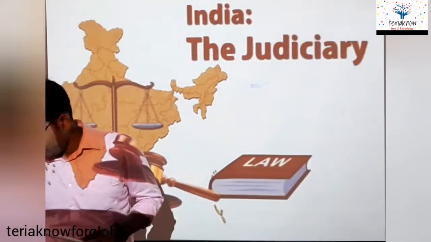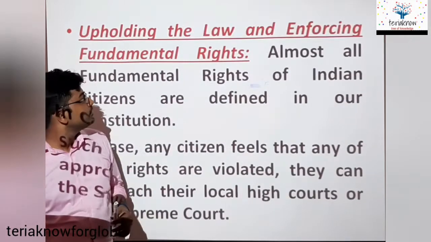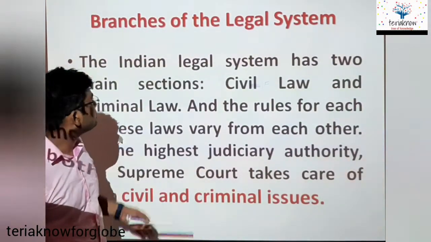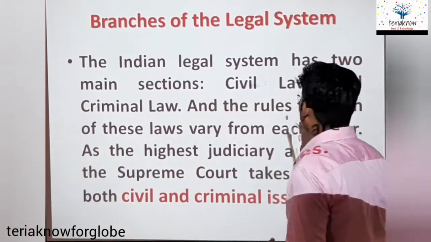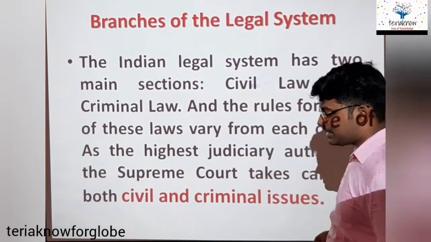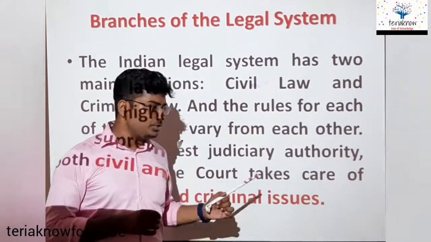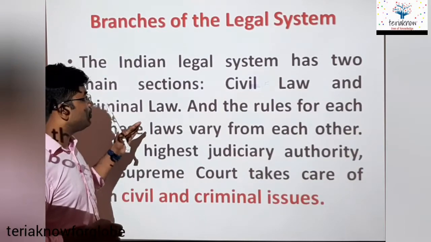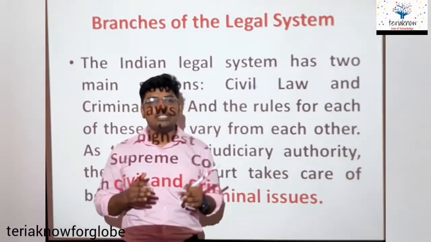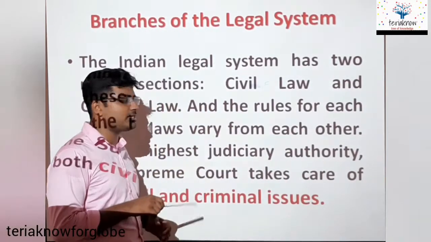Understood? Now, the Indian legal system has two main sections. One is civil law and second is criminal law. In Indian judiciary system, there are mainly two legal systems. What is civil law and what is criminal law we will discuss here.